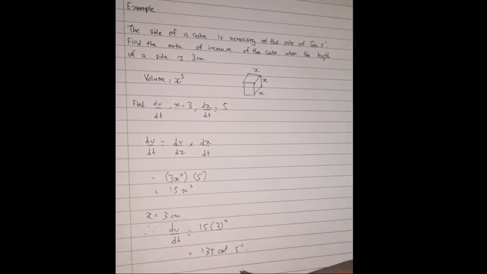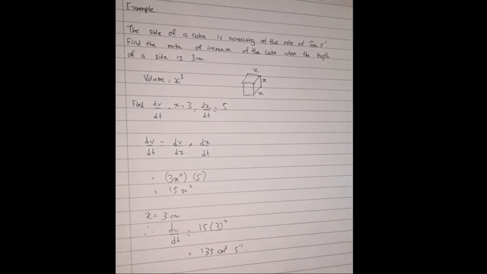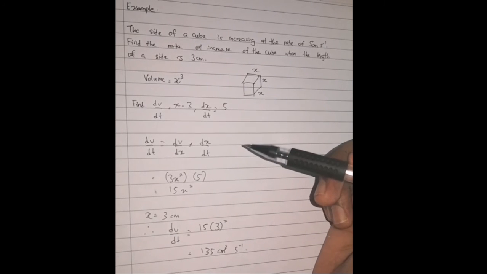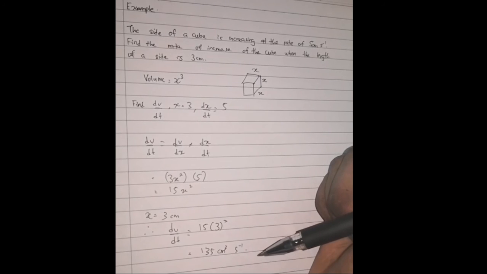So the rate of increase of the volume of the cube is 135 cm cubed per second. It is easy to use the formula I just gave before. Therefore, that's all for my example.